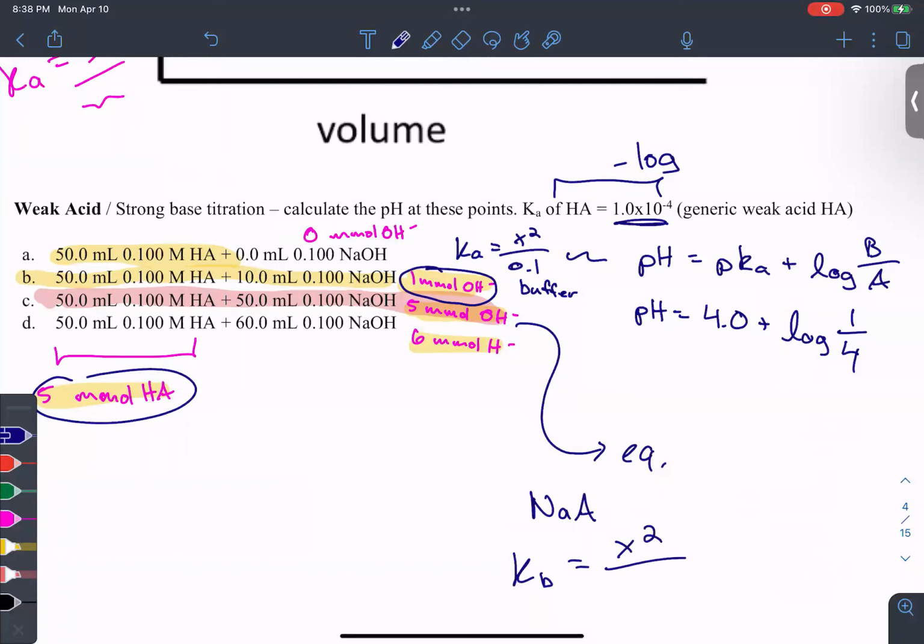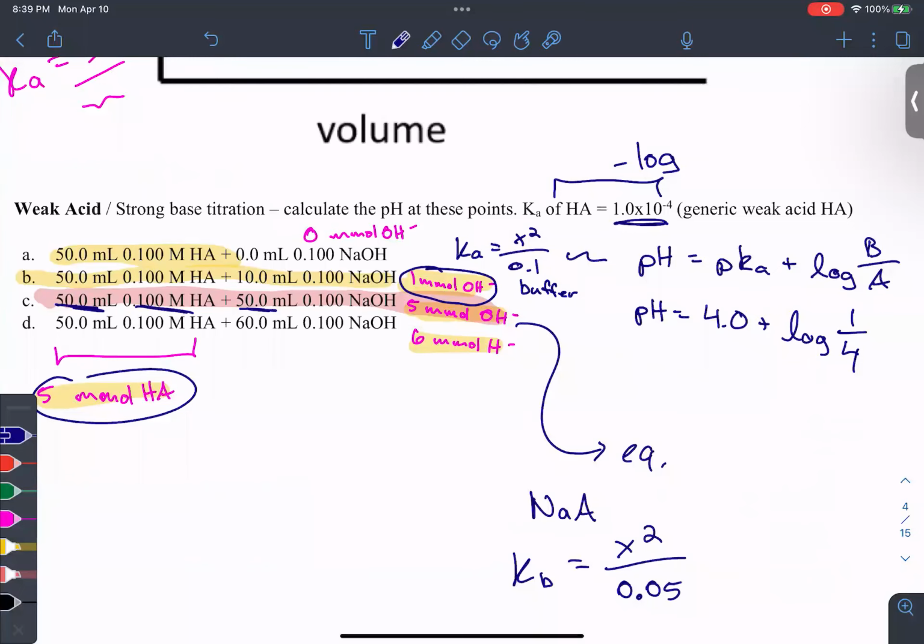Is it 0.1 molarity? No, it's not. You remember, you diluted it. So we have 50 milliliters of the acid, so 0.1 molarity, but now it's in a total volume of 100 milliliters. So the denominator here is going to be 0.05 molarity. So do recognize that a dilution is happening at the same time for point C.